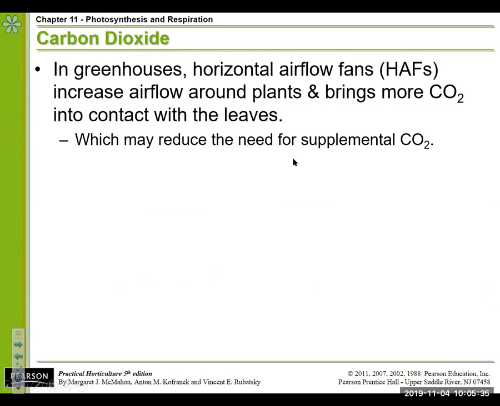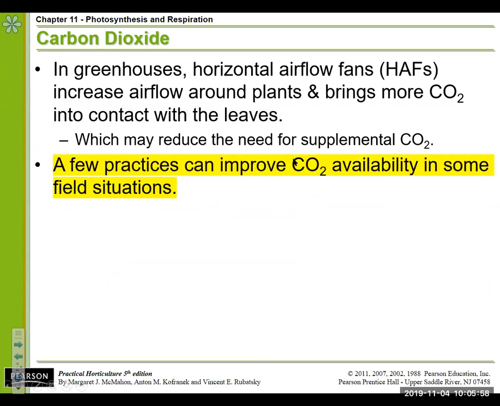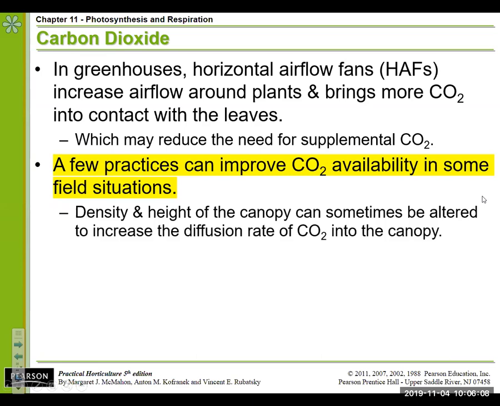So what are some ways that we can actually increase carbon dioxide? As I mentioned, we can inject it in greenhouses, or we can also just move it. So we have horizontal airflow fans, which basically increase the airflow around plants and move that carbon dioxide around, causing it to be more in contact with the leaves, which could reduce that need for supplemental CO2. We can actually do some things in some field situations to improve or increase CO2 as well.